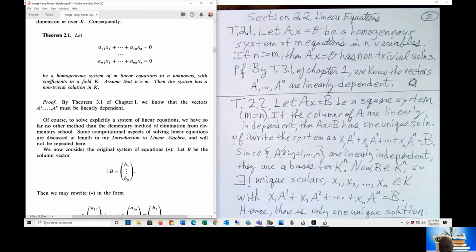And the proof goes back to theorem 3.1 in chapter 1, where if the dimension of the space is M and N is greater than M, then A1 through AN are linearly dependent.